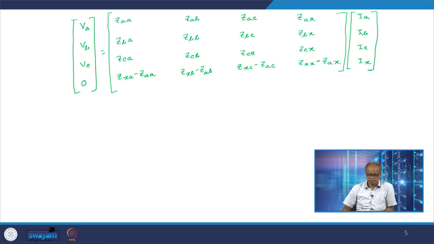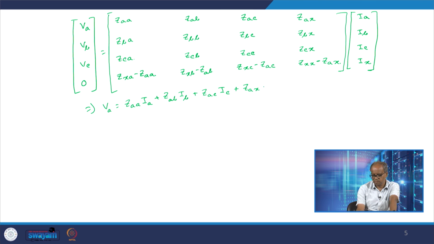Now from this equation I can write down that VA is equal to ZAA IA plus ZAB IB plus ZAC IC plus ZAX IX.